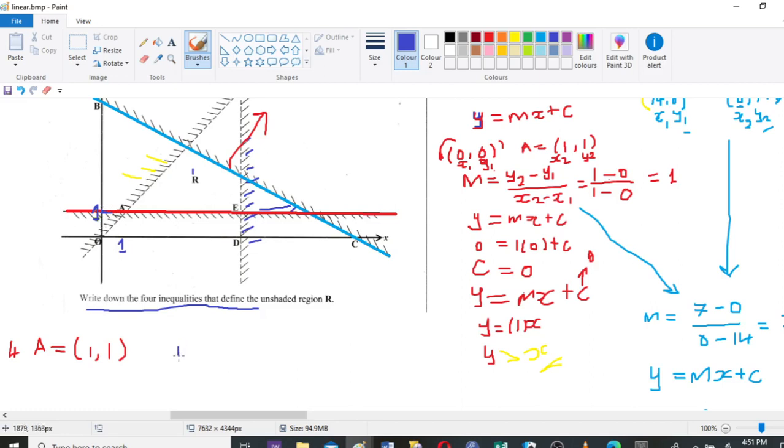That gives us the equation y. The other thing you need to consider is the side to which it has been shaded. It has been shaded downward, and all the values down here are less than 1, right? So the values of y below 1 will be less than 1, but the line is not breaking, so it will have a less than or equal to.